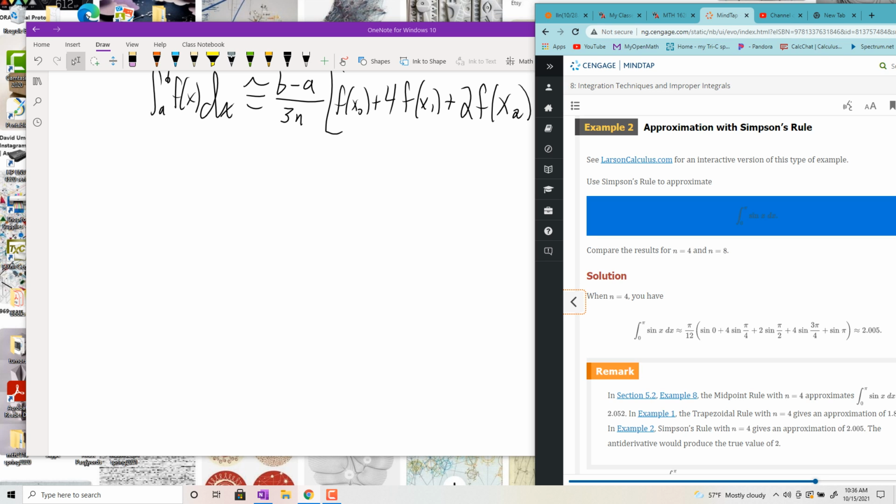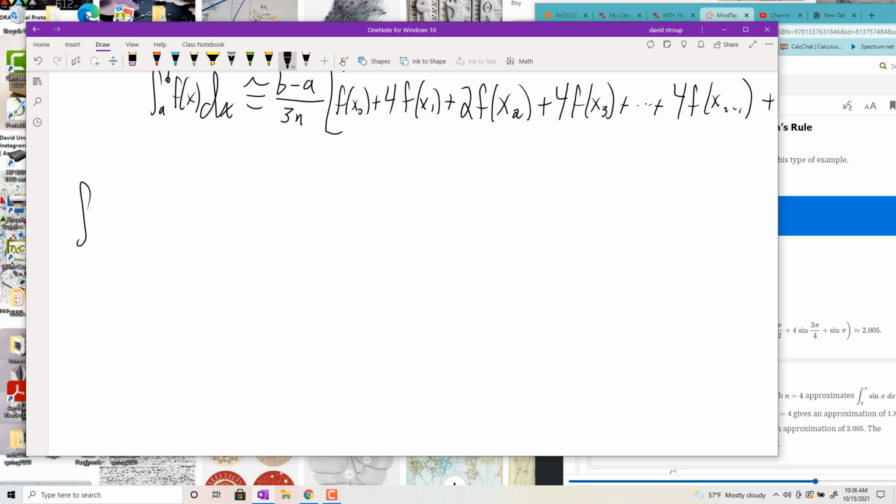So let's see if we can actually get an approximation for the integral from 0 to 4. We'll use n equals 4. Or let's use n equals 6, let's at least go up a little farther. And we'll do the e to the negative x squared thing.